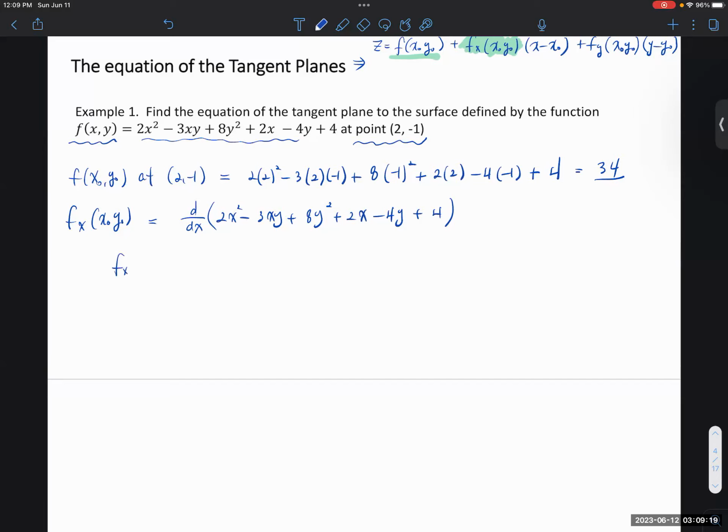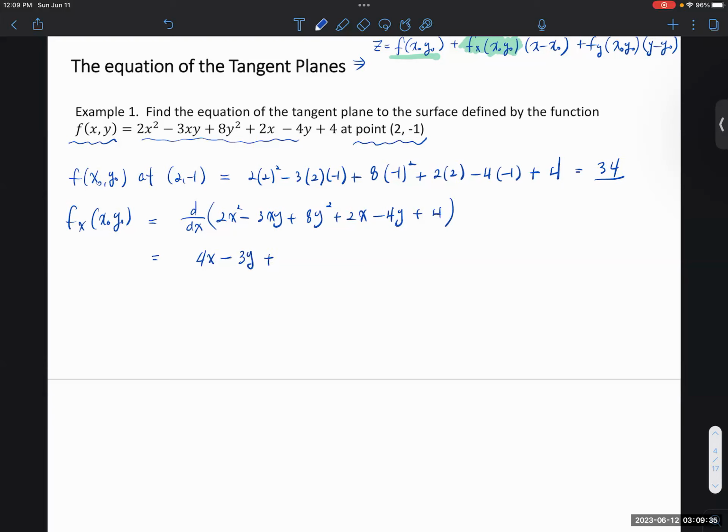So f of x: 2x² will be 4x. And then 3xy, y we are going to consider as a constant, so it'll be just 3y because the derivative of x is 1.